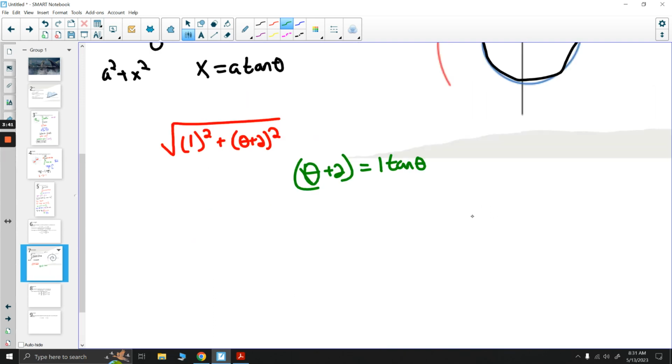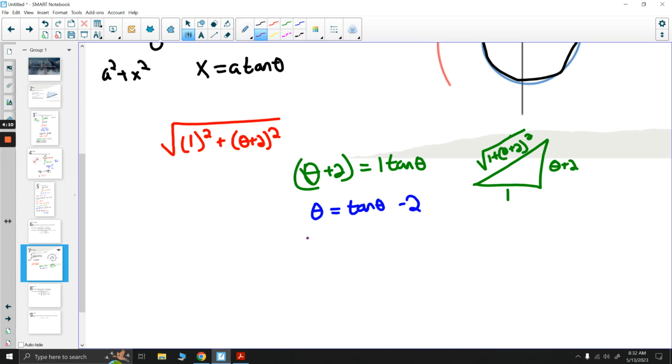All right, if we think about our triangle, tangent is opposite, theta plus 2, over adjacent 1, and the hypotenuse would be the square root of 1 plus (theta plus 2) squared. If we then solve for theta here, theta equals tangent theta minus 2, and differentiate this thing.